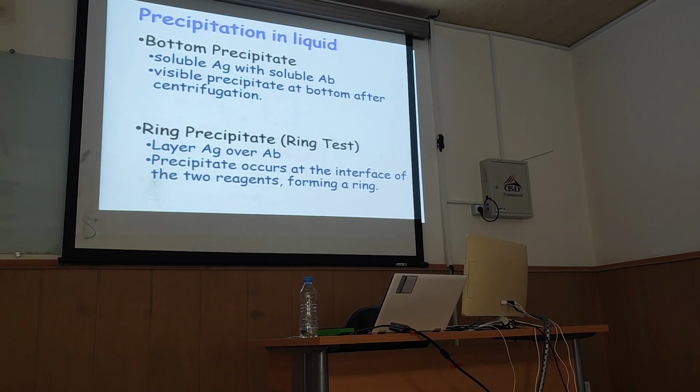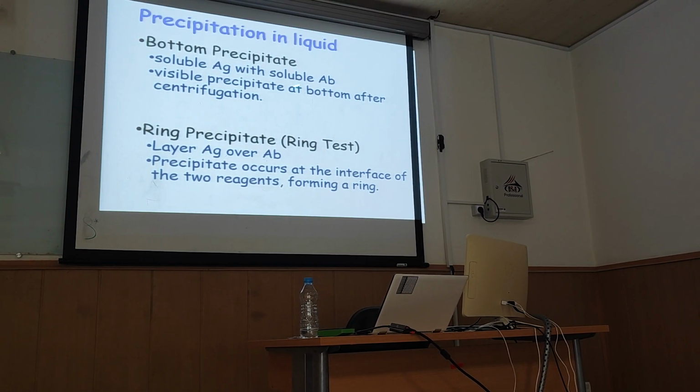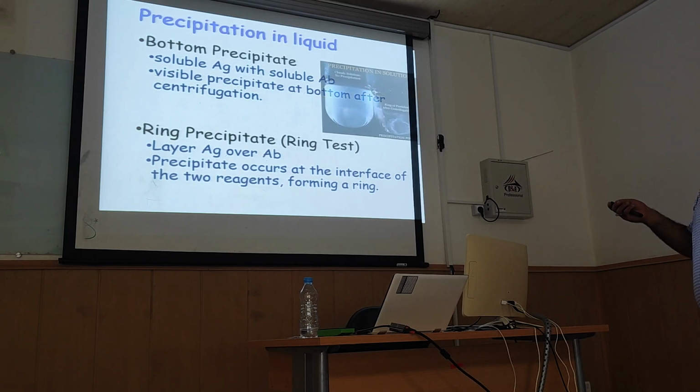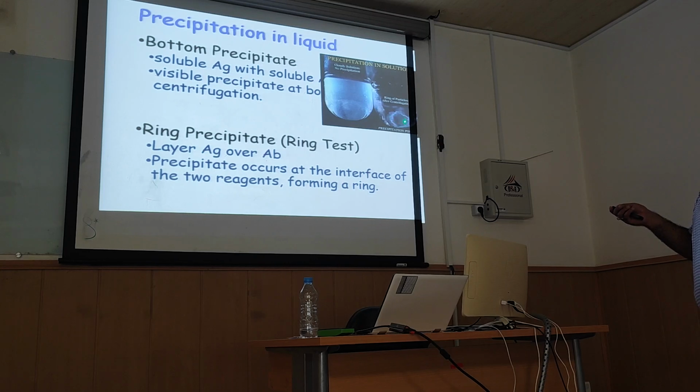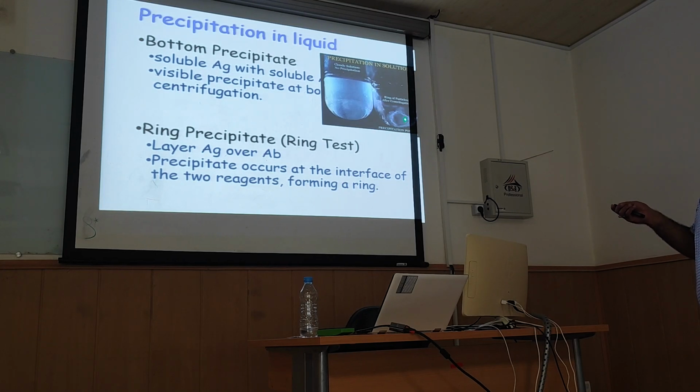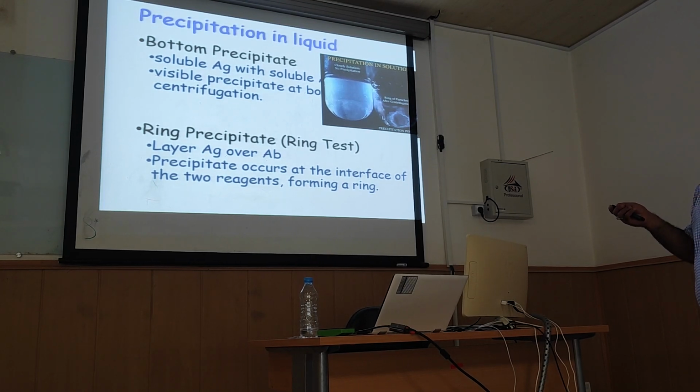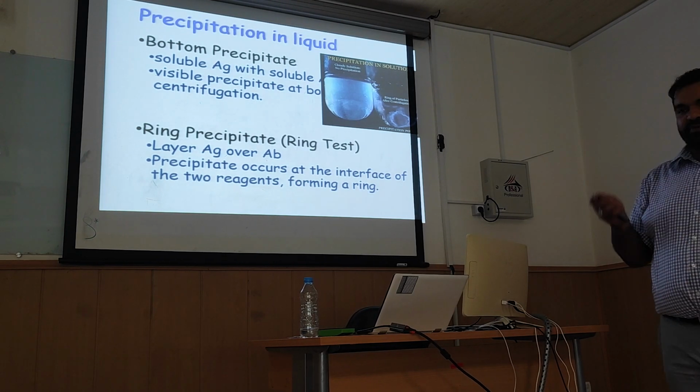So the antigen should be soluble as well, and you can see a precipitate at the bottom of the test tube. When you centrifuge it, it will form that immune precipitation. Okay? And I think you'll do this experiment, immune precipitation. Previously we used to do another.